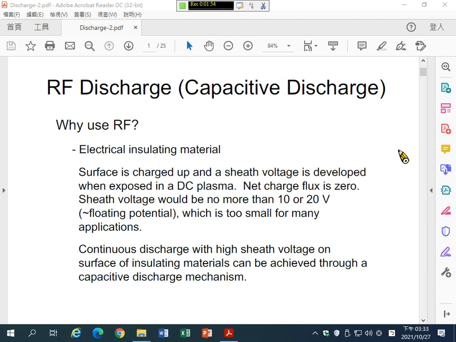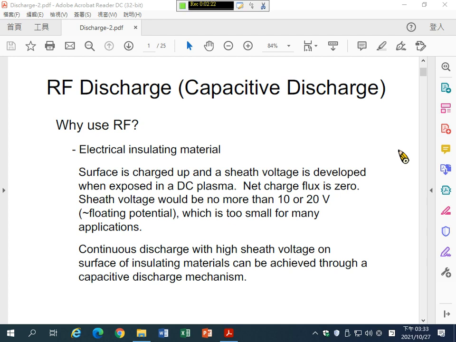The positive charge and negative charge are neutralized, so that the total charge flux becomes zero. So at this condition, the surface is at a floating potential condition.